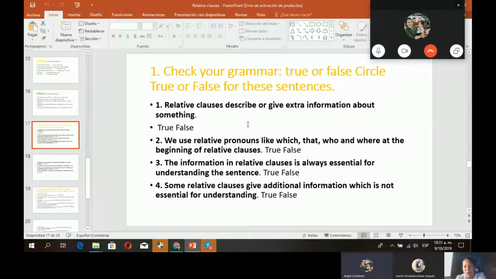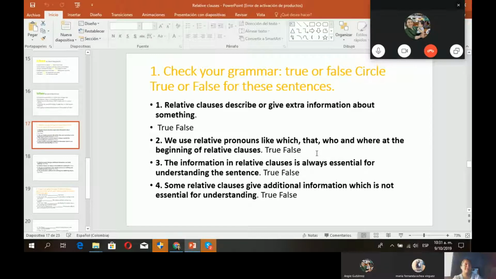True. Okay, true, very good. It's correct for you, and Maria Fernanda too. Relative clauses describe or give extra information about something. The answer is true. Second, we use relative pronouns like which, that, who, and where at the beginning of relative clauses, true or false?